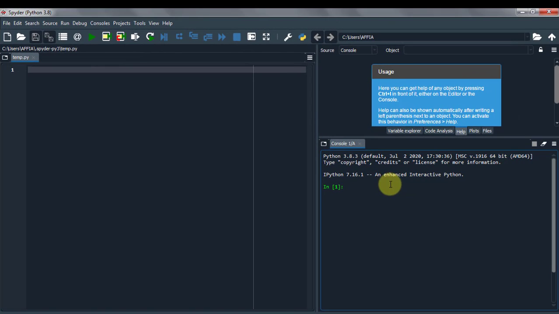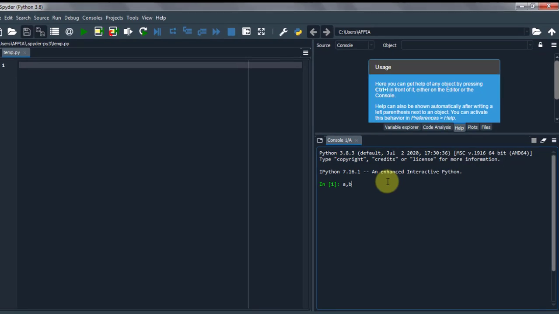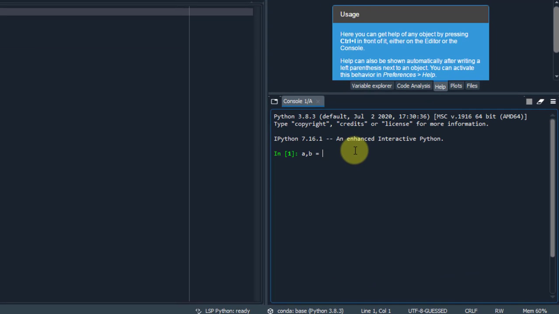Alright, here in our IPython console, we're going to use the multiple assignments to declare variables. So I have a and b equal to 22 and 5. Running that, so a is 22 and b is 5. So the first operator is the addition operator.